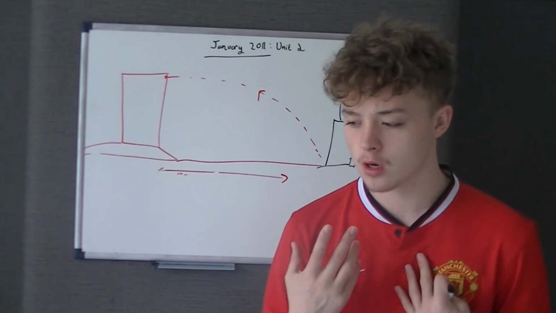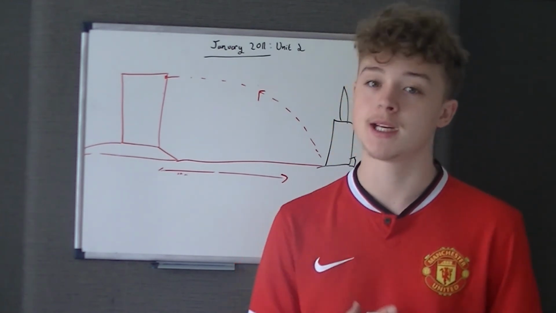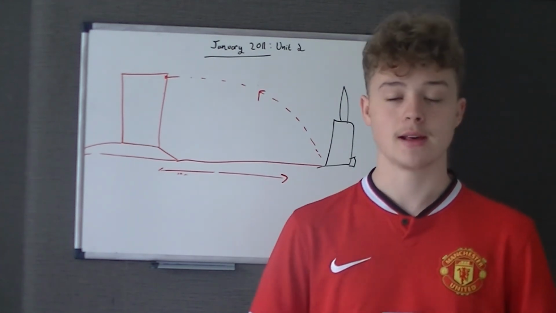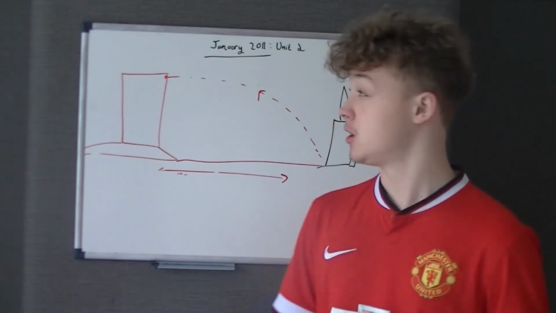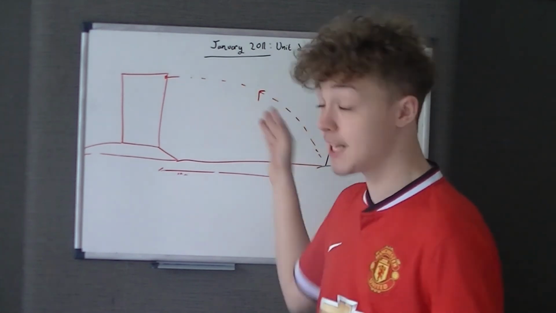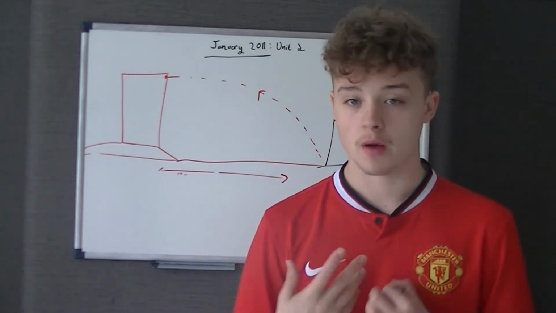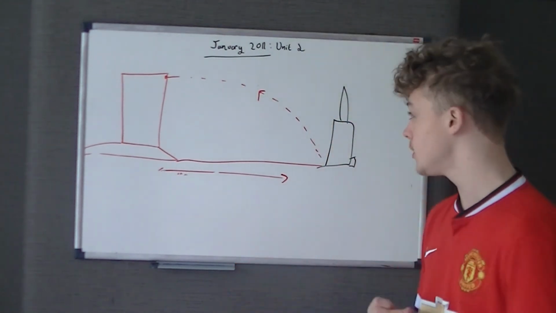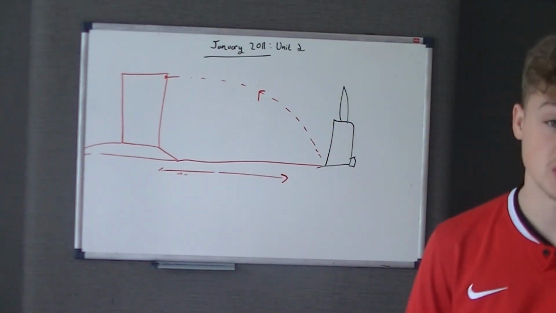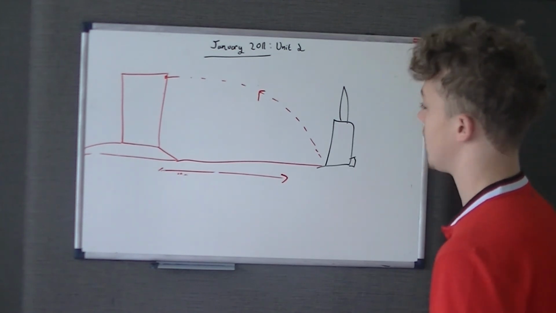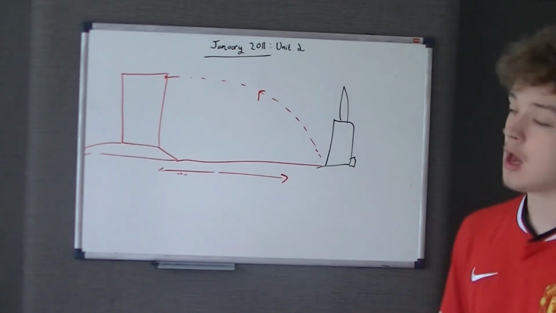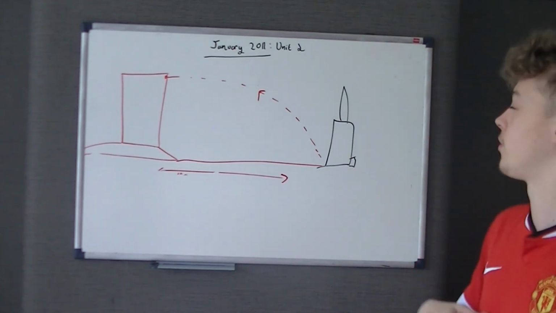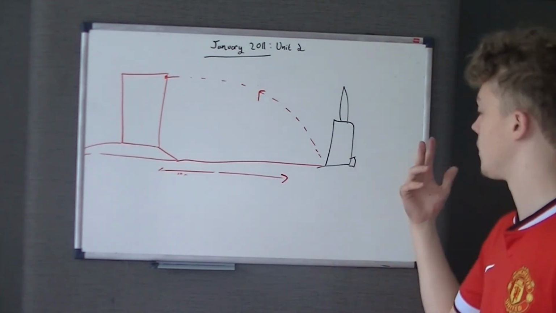If it's not being lost to resistance forces, then it must be transferred to kinetic energy as the cannonball accelerates towards the ship. Some of it is lost to resistance forces, so as gravitational potential is lost, it changes into kinetic energy and resistance forces, and then it hits the ship.